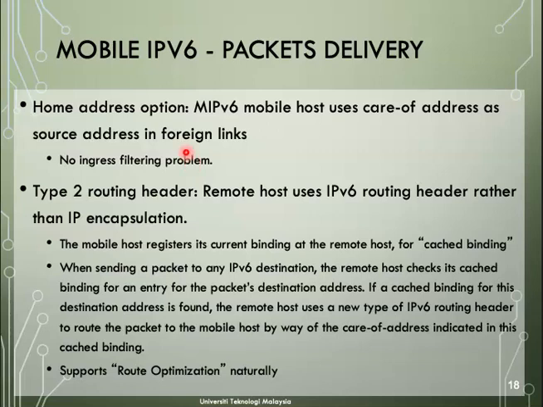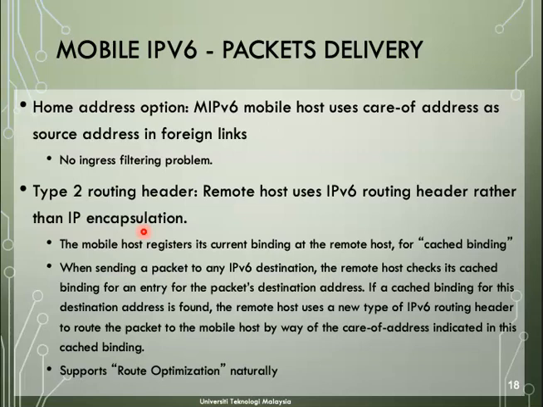And for mobile IPv6, it defines a new routing header variant, which is called the type 2 routing header. So the remote host will use this IPv6 routing header rather than IP encapsulation. This type 2 routing header allows the packet to be routed directly from a remote host to the mobile host care of address.